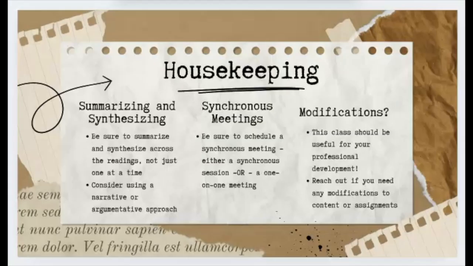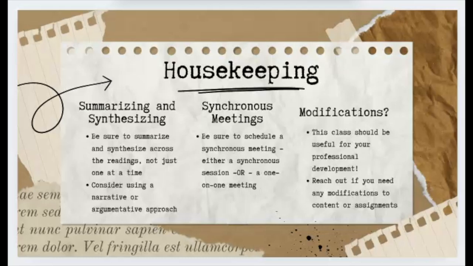Just a few things that we wanted to touch base with, some housekeeping items. A lot of people have been applying the summarizing and synthesizing in their discussion post and things like that. But one thing that we just wanted to add to that is to make sure that you are summarizing and synthesizing across the readings, not just one reading at a time. To maybe help this, consider using some sort of narrative or an argumentative approach.